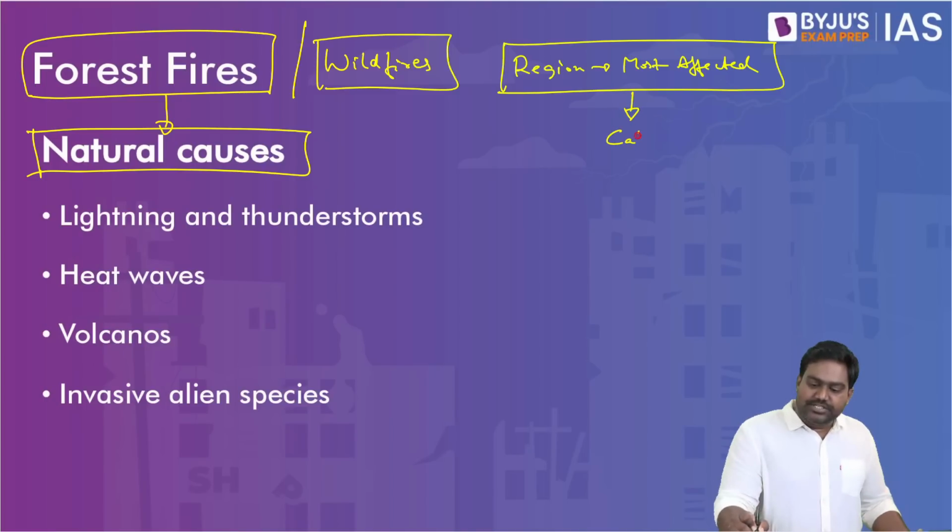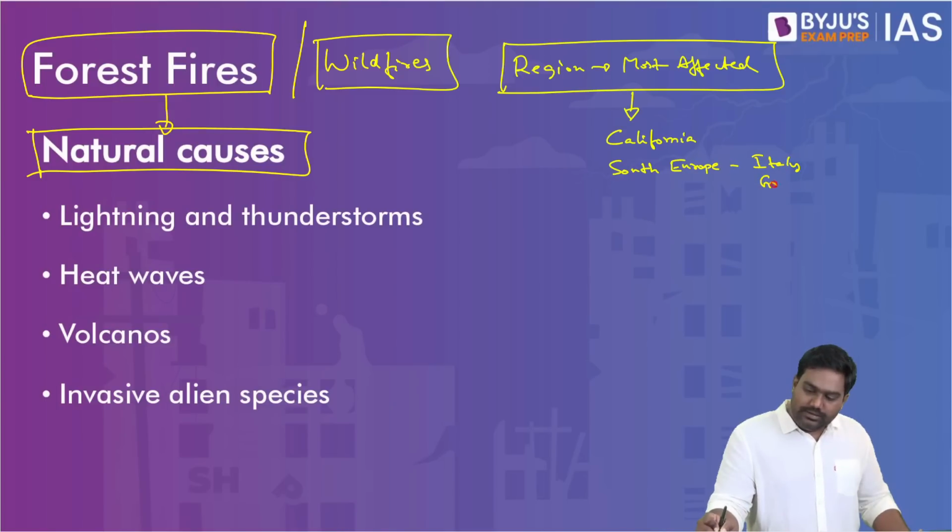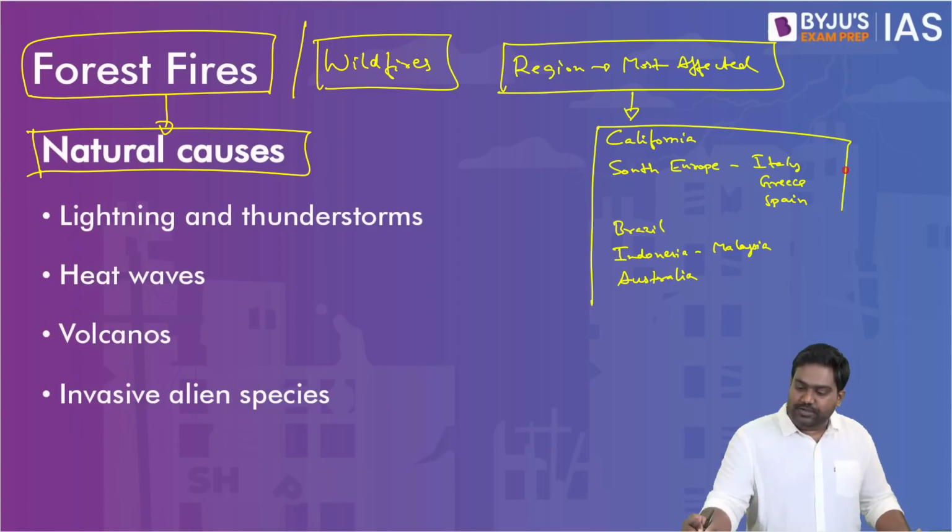There are some places which are more vulnerable, like California, for example, then Southern Europe, particularly Italy, Greece, Spain, then Brazil, then even Indonesia and Malaysia, Australia, because Australia recently witnessed a devastating forest fire.